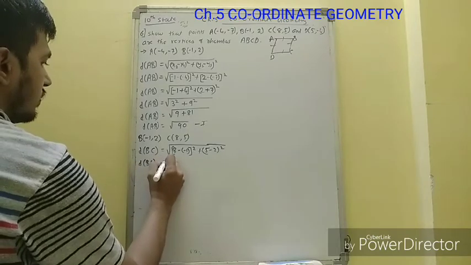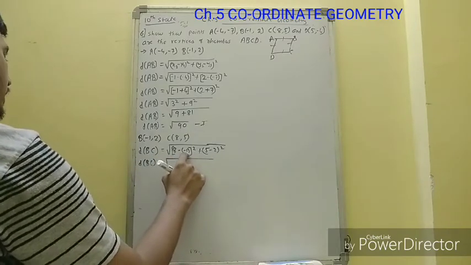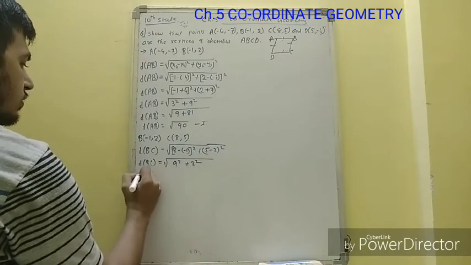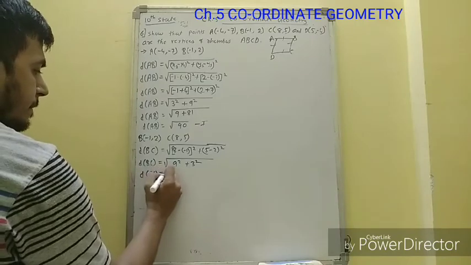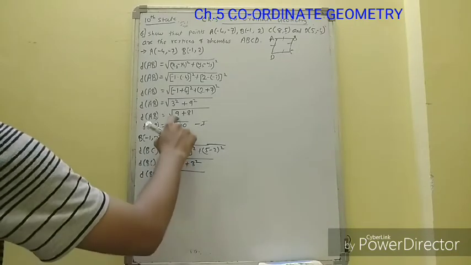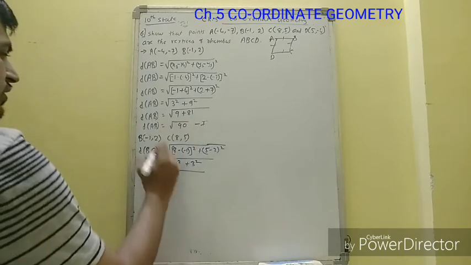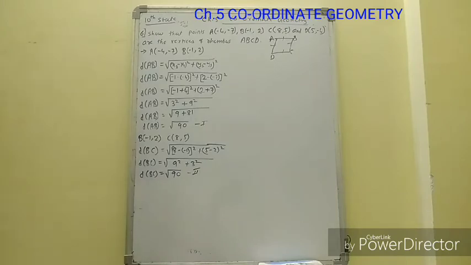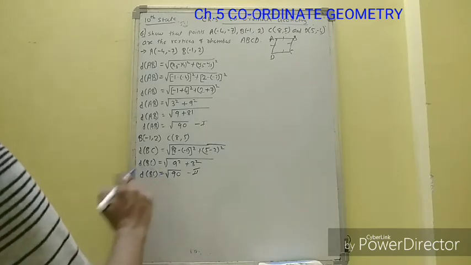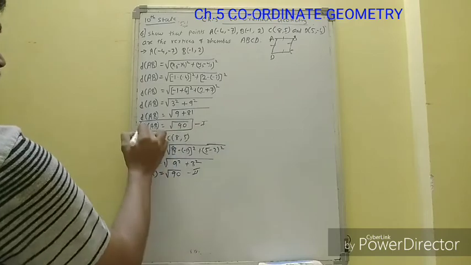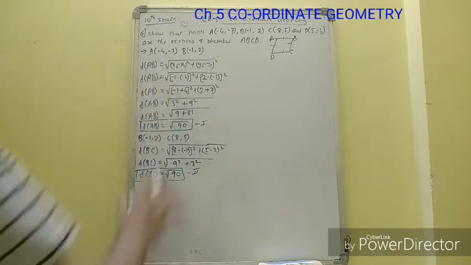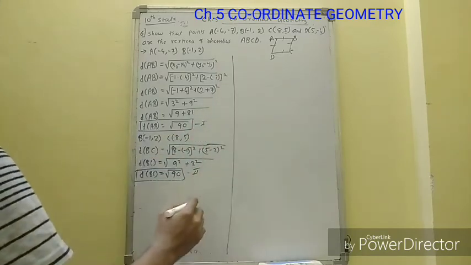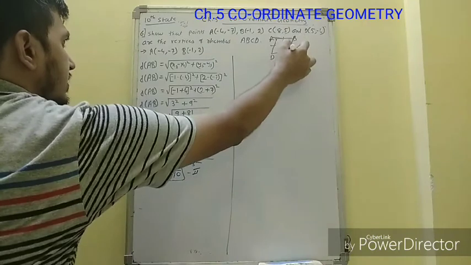Distance BC is equal to 8 plus 1 is 9 square, plus 5 minus 2, that is 3 square. 9 square is 81, 3 square is 9, the addition is 90, so I can directly write it as 90. I will save my time as well as space. So this was BC. I just draw a box because I don't have enough space, so it can be identified properly. AB is done, BC is done, now CD.